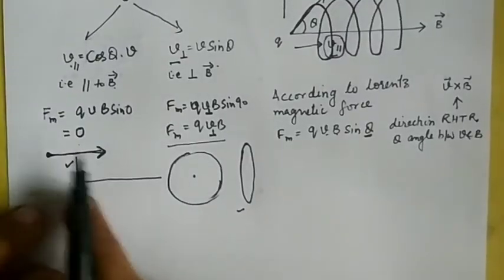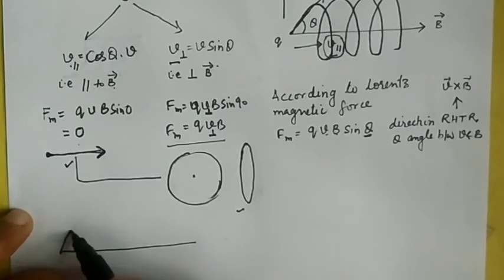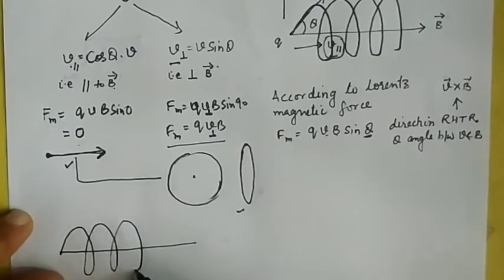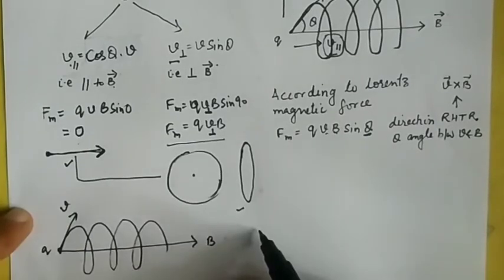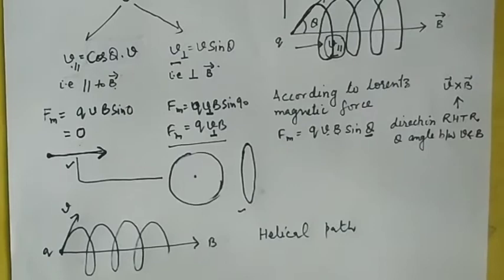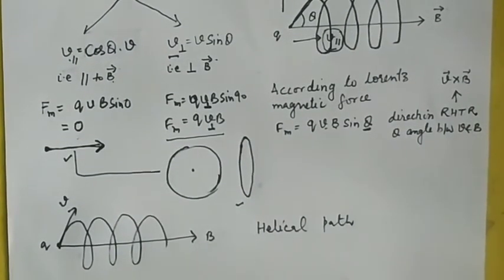If you combine both the motions, then the path of the charged particle will be like this. The motion executed by this charged particle is helical.